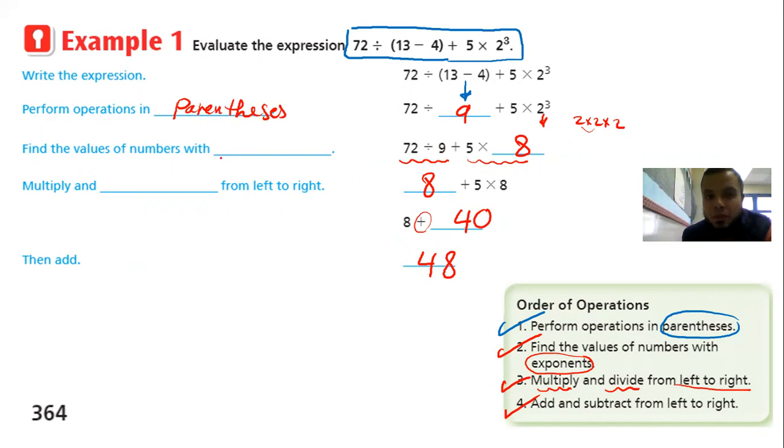Find the value of numbers with exponents. Multiply and divide from left to right. Then add. Yes, 4 steps here. We used the 4 steps in that question because it was a long question, right?